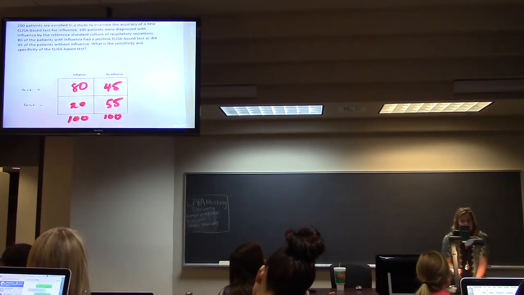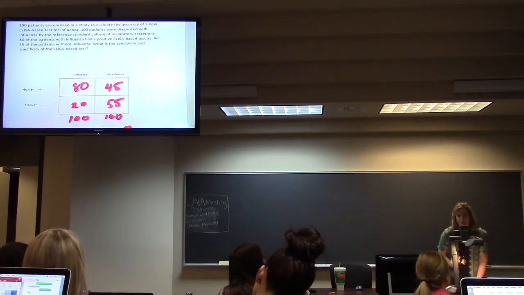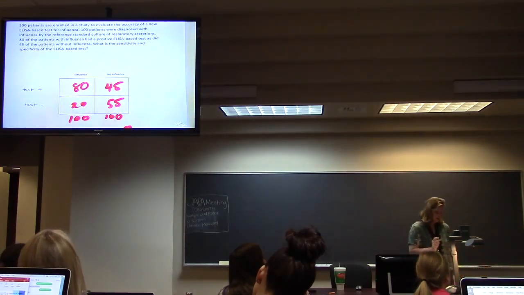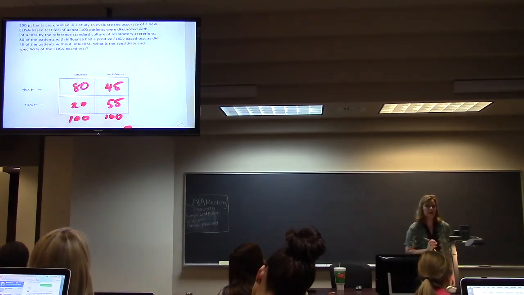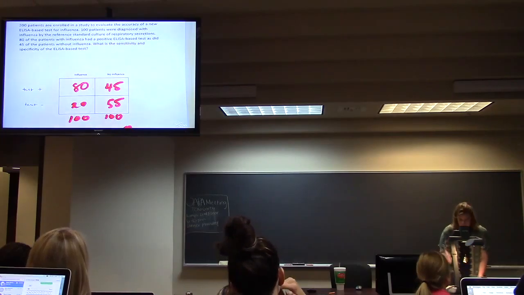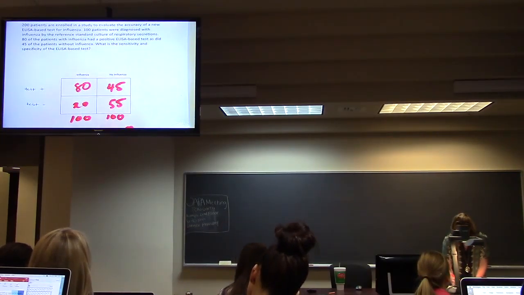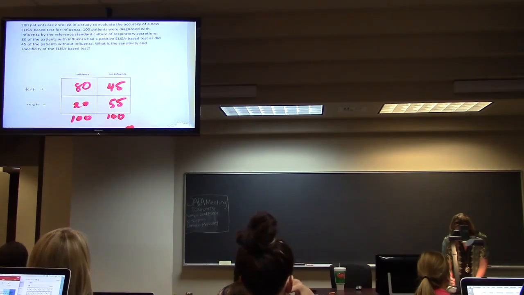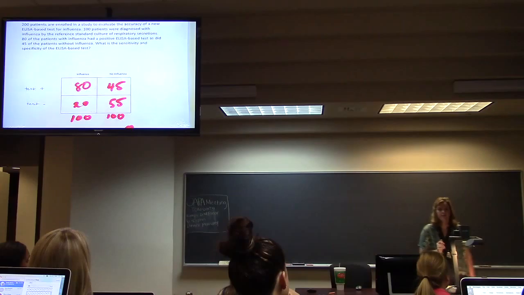This equals 80%, 0.80, get real comfortable with that. Okay, so this one is our true negatives. Which one is that one? 55 over 100, 0.55. Specificity is 55%.